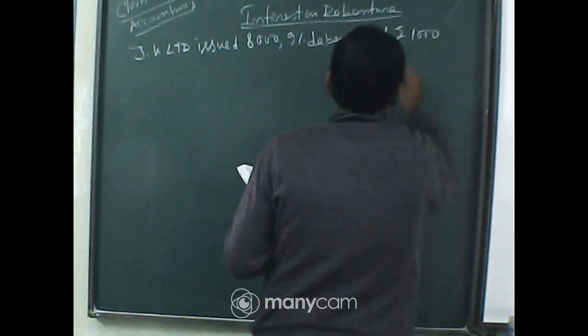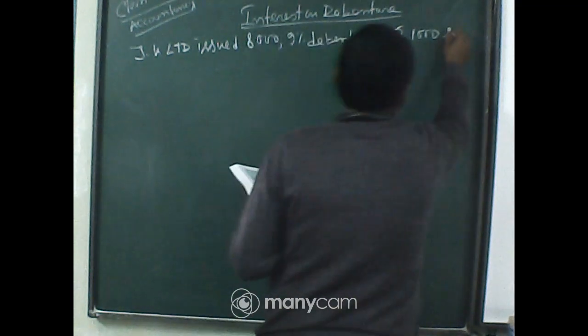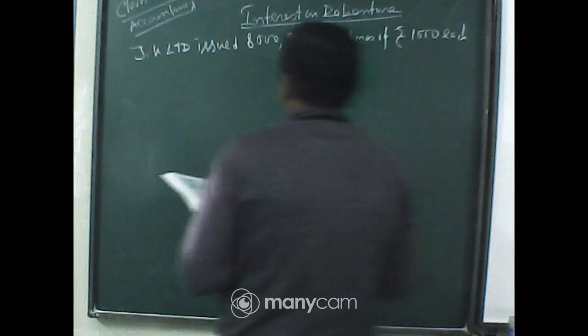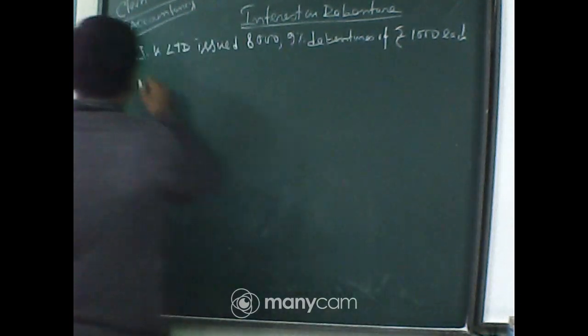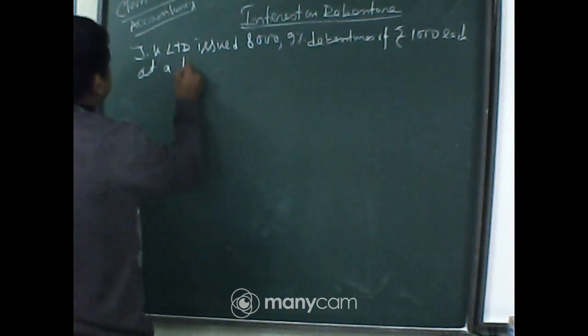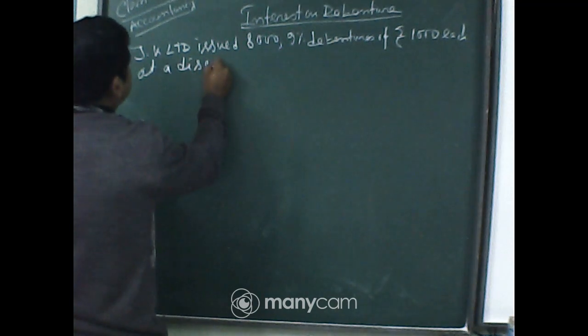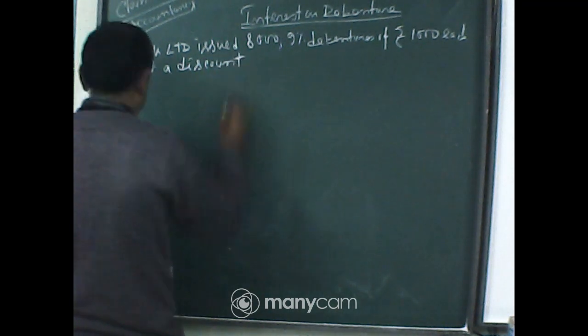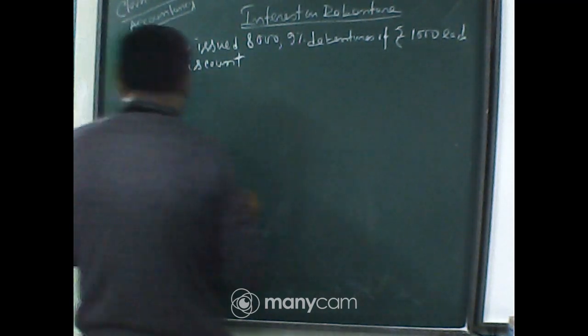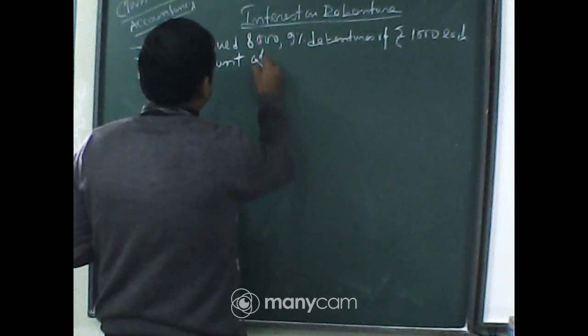So, 1,000 is a nominal value each. Now, they actually issue at a discount. That you know how to record when they issue at a discount. At a discount of 6%.